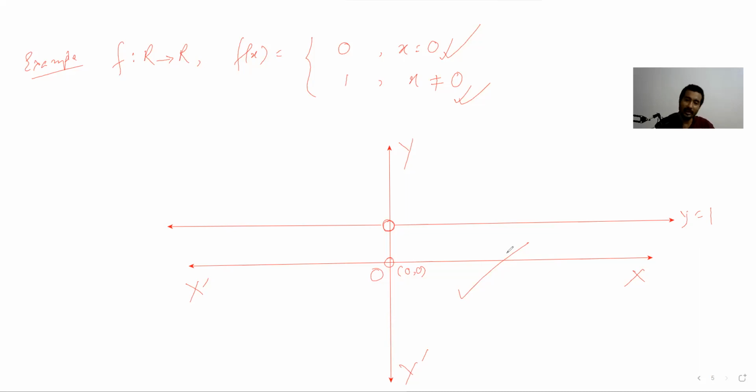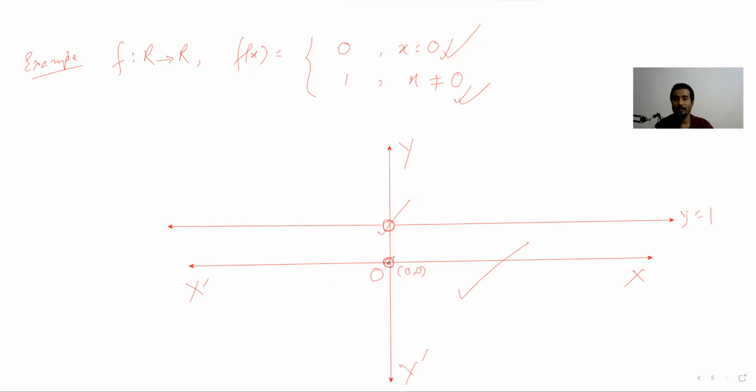So we have a line y equal to 1. No doubt this is a straight line, but there is a gap. Where is the gap? This is the gap. It means this is an isolated point. (0, 0) is a part of the graph, but it is isolated, and the remaining part is left blank at the point x equal to 0.